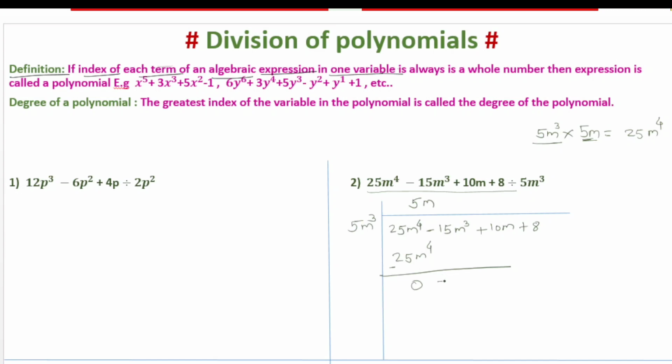Again we take the minus 15m³ remaining, and again plus 10m plus 8.